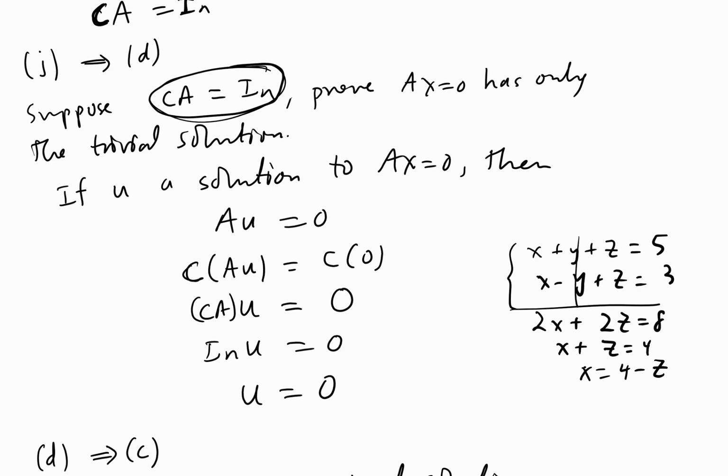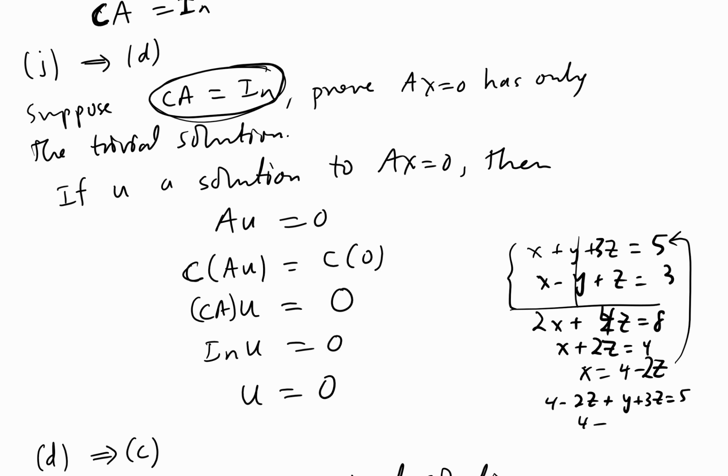Then if you put this back in here, substitute, you get 4 minus z. Oh, I don't want it to happen this way. Let me change this to 3 here. So that's 4, that's a 2, that's a 2z. So then x is 4 minus 2z plus y plus 3z equals 5.